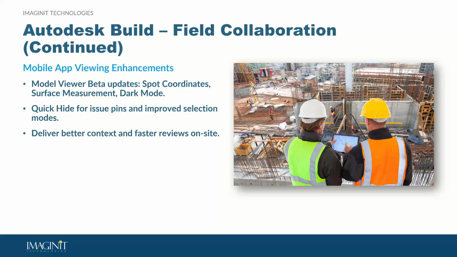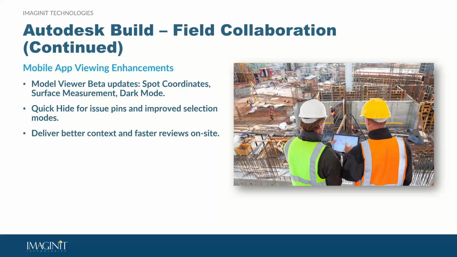Dark mode, for all of us working outside with the glare, we need to be able to see things, and that dark mode capability really helps us. I know personally I use dark mode everywhere I can, on mobile, on Outlook, wherever. It's always nice to have that dark mode and easier to see, certainly when we're in the field.